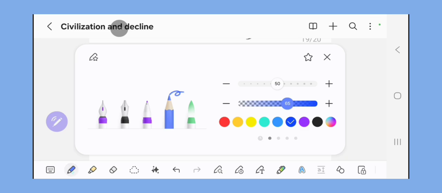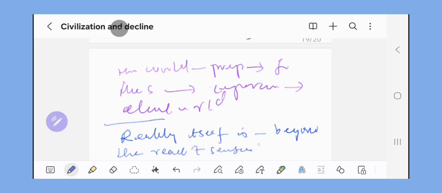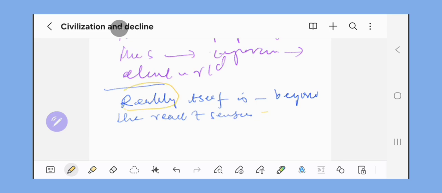Moreover, in this worldview, as Parsons describes it, reality itself is defined as ultimately beyond the reach of the senses, and in some instances, beyond the reach of reason as well. I don't know whether Sorokin says that or not.